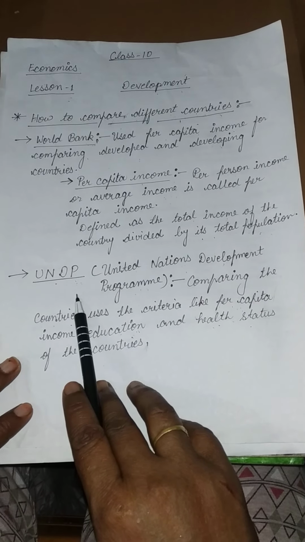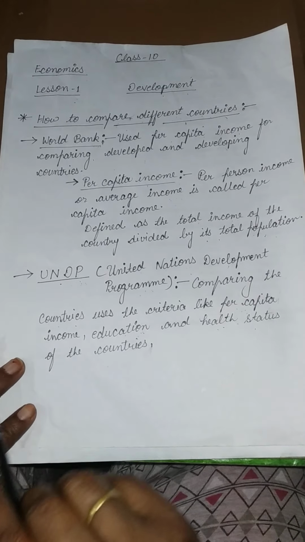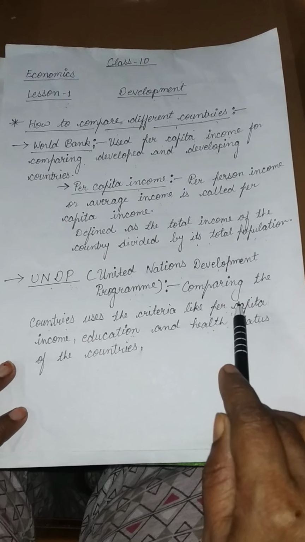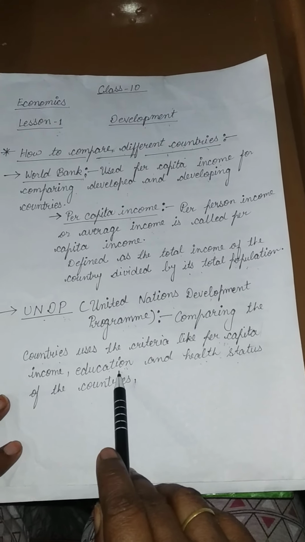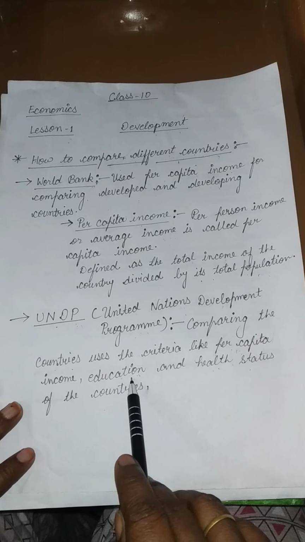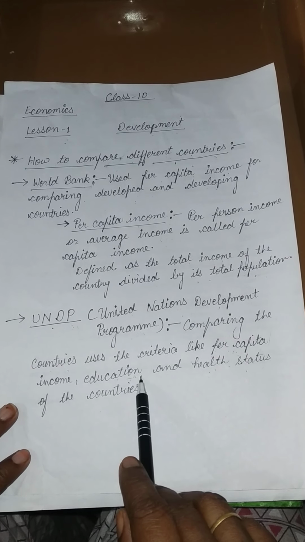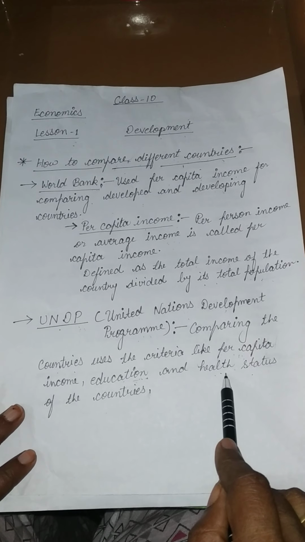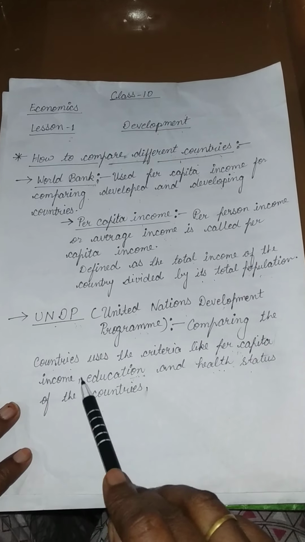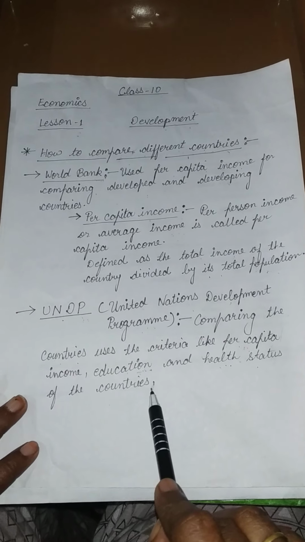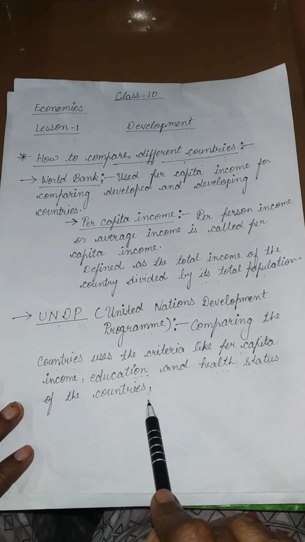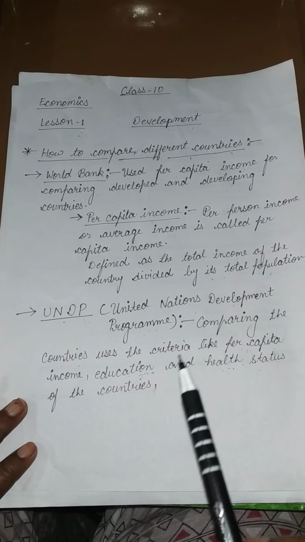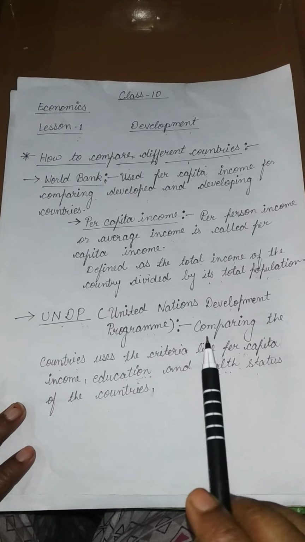If UNDP finds that in a country the per capita income is very high, the education status is also in a developed condition, and the health status is also very high, only then does UNDP decide that the particular country is in developed status.